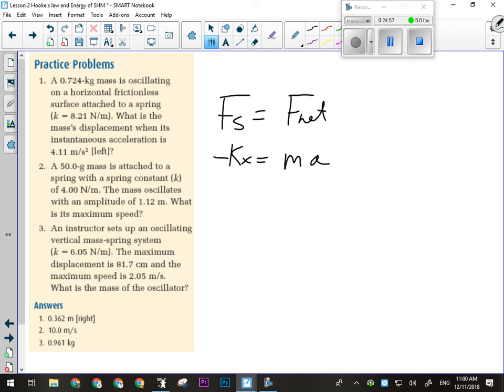Mass times acceleration. So now I can solve for the mass's displacement by bringing k over to this side. Now I can solve for x.